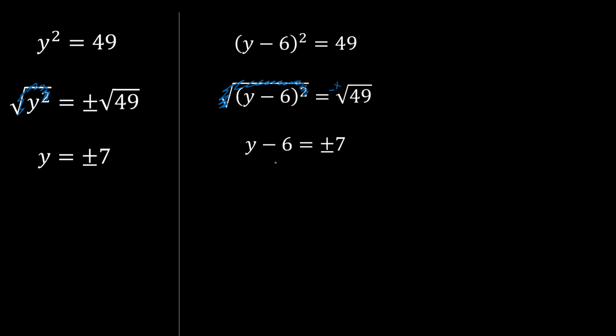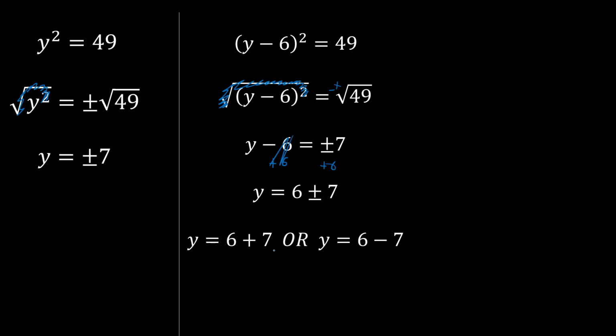So then to solve for y, I can add 6 to both sides. So now I have y equals 6 plus or minus 7, which, as we said, means 6 plus 7 or 6 minus 7. 6 plus 7 is 13, 6 minus 7 is negative 1, so y would be 13 or negative 1.